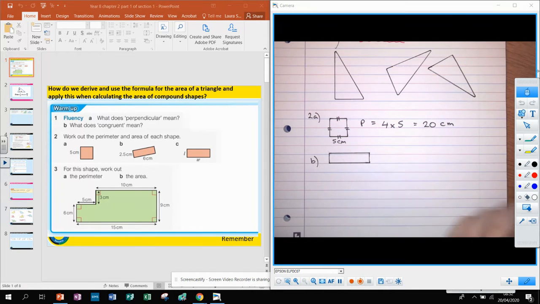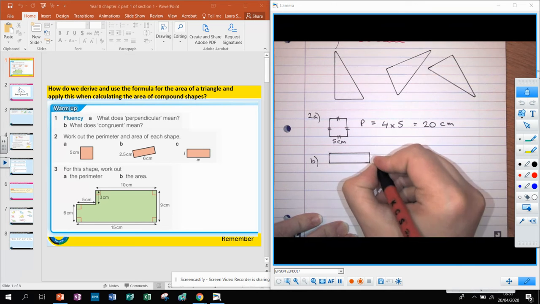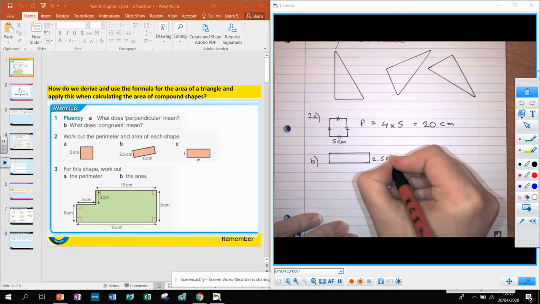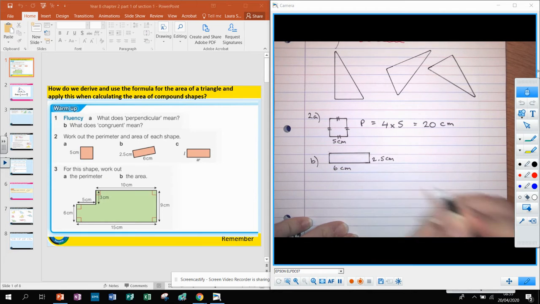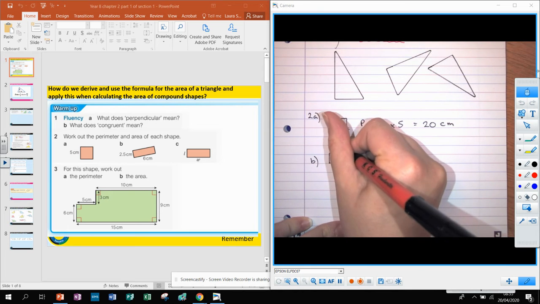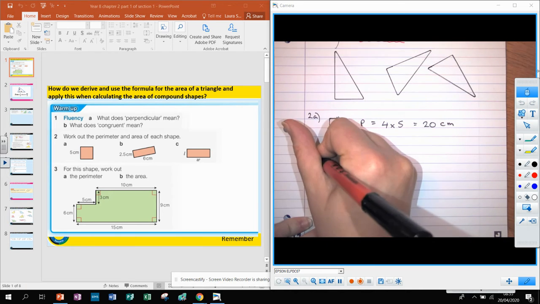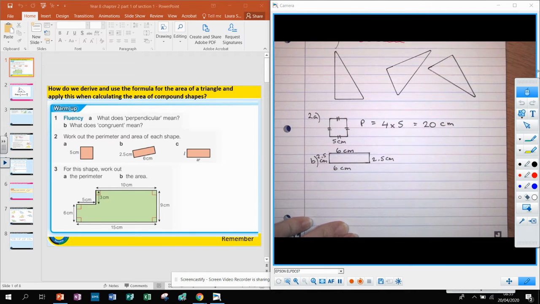It just happens that all the sides are the same. So for this one, we had 2.5 centimeters for the width and 6 centimeters for the length. To get the perimeter, remember, we have to have every single side. So you have to remember that this is also 6 centimeters, and this bit here is also 2.5 centimeters. So we have to add that on.